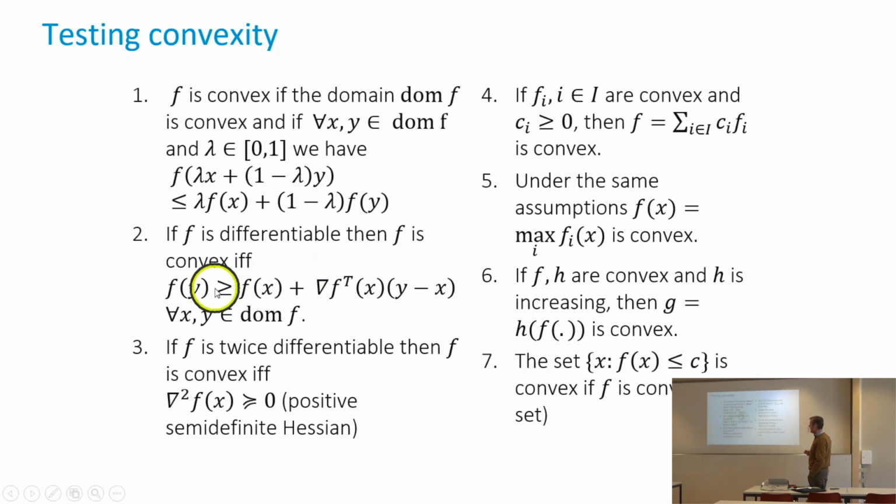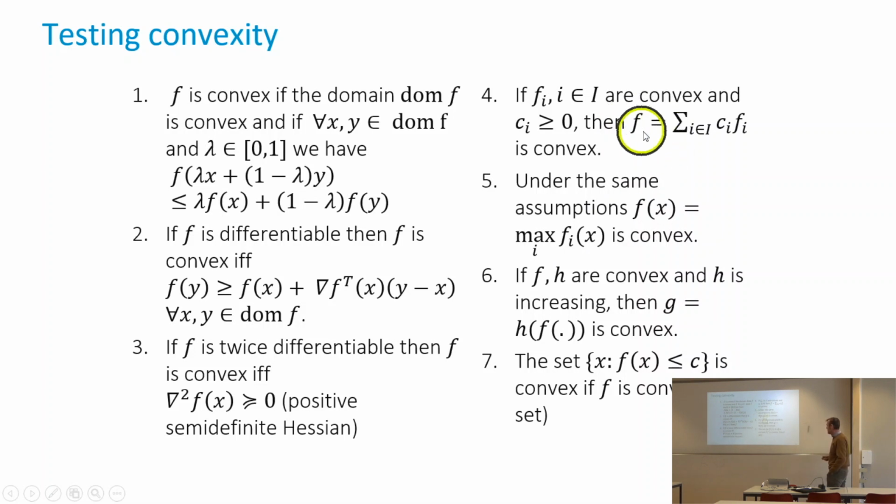If the function is differentiable, an equivalent thing is to say that the tangent is below: if I do the order 1 approximation with the tangent, I am below the function, which is given by this here, and which is true in particular if the matrix of the second derivatives is positive semi-definite. So this is a computational method that can sometimes be used to see whether a function is convex.